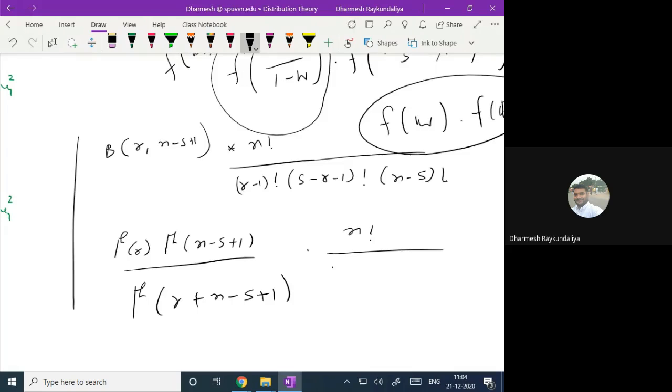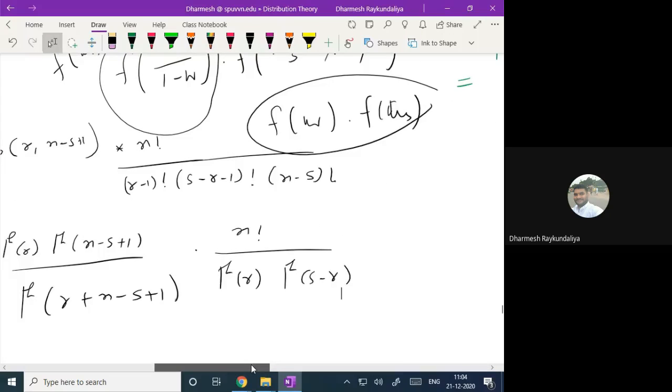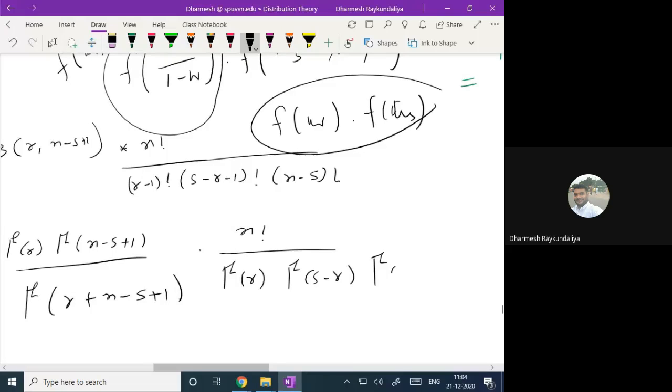We can write (r minus 1) factorial as gamma r, and this is nothing but gamma (s minus r), and this is gamma (n minus s plus 1), because we know that gamma n is nothing but (n minus 1) factorial.